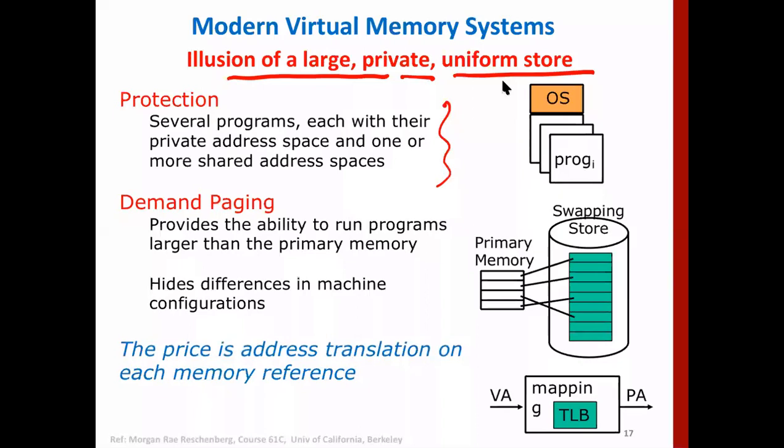But my question is this: the complete process, whatever memory addresses we have seen, from 0000 to FFFF in the address space, is kept by the OS in secondary memory, say disk, which we call the swapping store, or sometimes swap space.